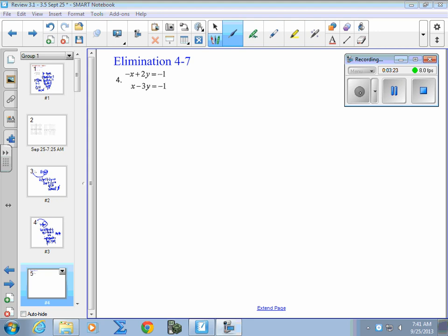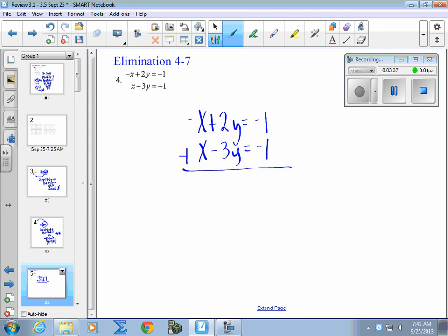Alright, problems numbers 4 through 7 are supposed to be solved using elimination. Problem number 4 is pretty much set up already for elimination. You would just add the second equation to the first equation and you would eliminate x. So when we add these two together, we get negative y is equal to negative 2. So y is equal to 2.